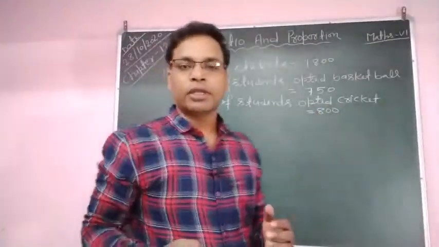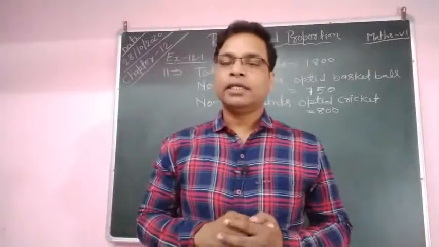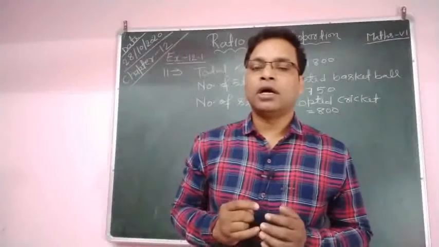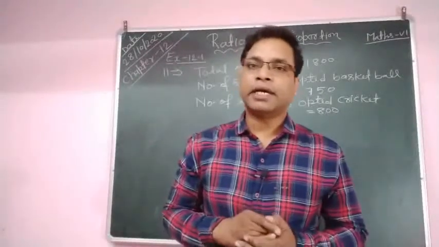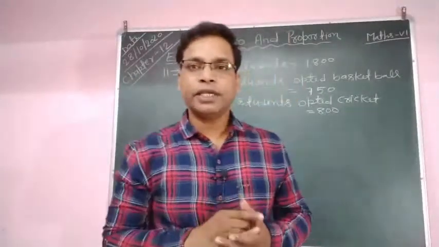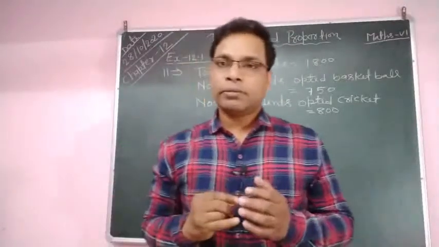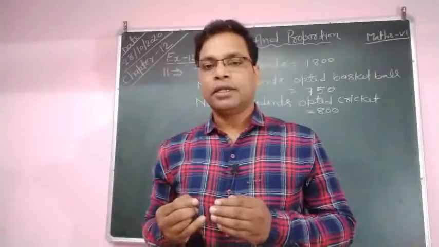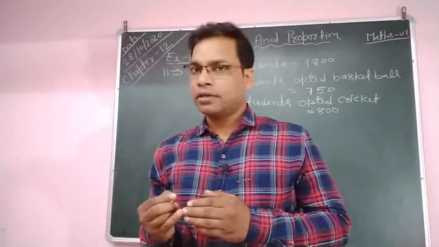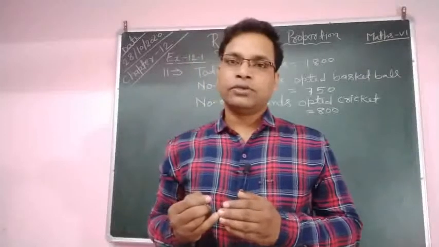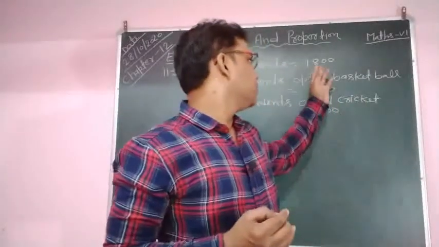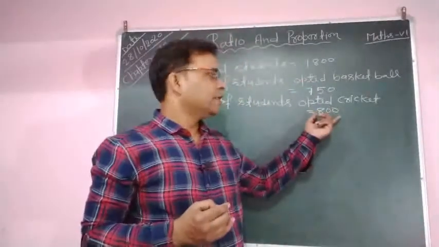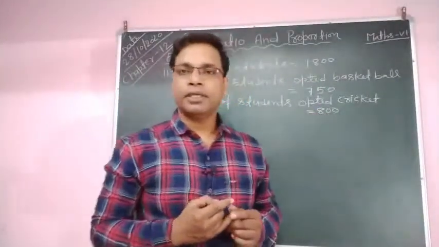After this, we need to find how many students opted table tennis. For this, first we add the sum of the number of students who opted basketball and cricket. Okay, so here it is given that 750 students opted basketball and 800 students opted cricket.